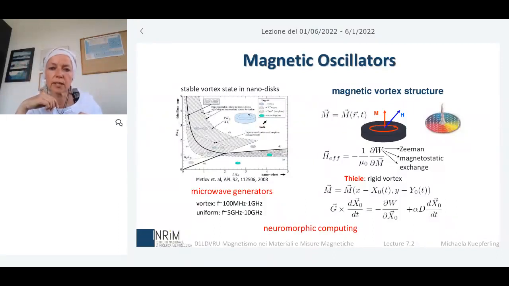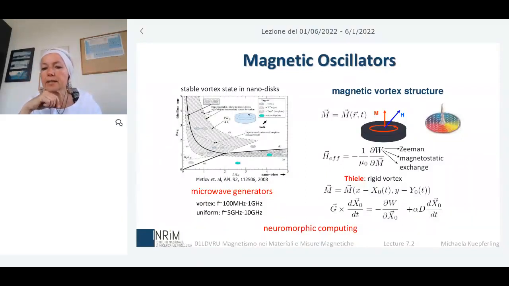One is what I showed here, neuromorphic computing. This is one of the new paradigms, let's say, in computing. And it is hoped that one could use such vortex oscillators as single elements for neuromorphic computing.